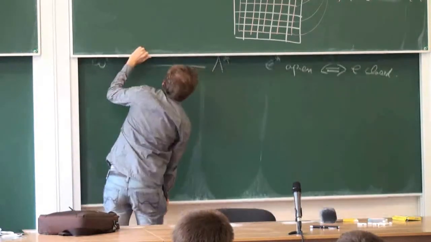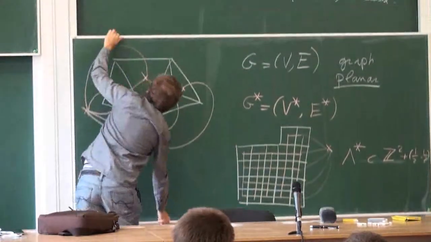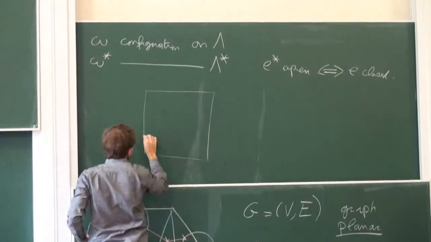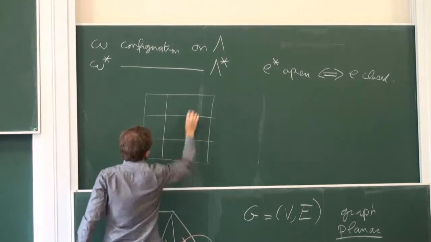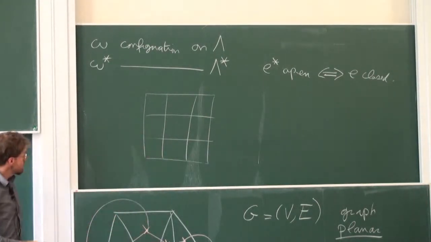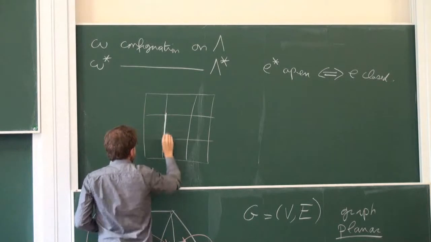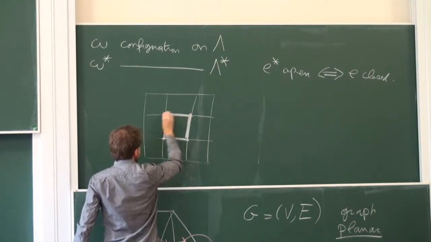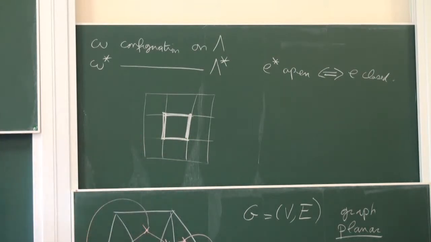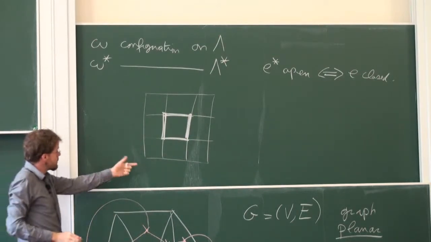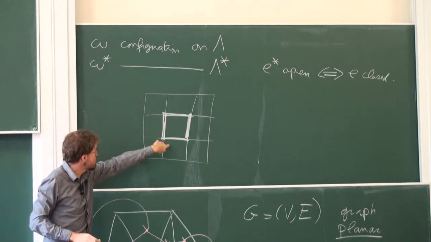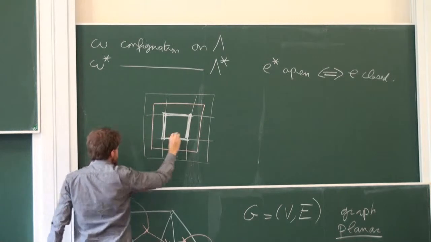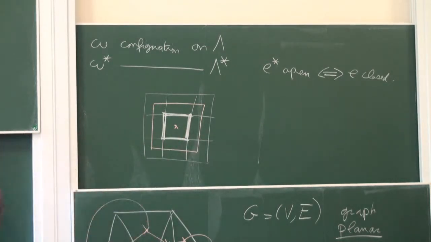So maybe this will go better in the picture. I will do a picture here. If this is lambda, and I will do a very small example, if this is the configuration, so it has just this component here in the middle, the dual configuration will have an open bond as soon as there is no bond in omega. So this will be in the dual configuration, and this will be just an isolated site in the dual configuration.